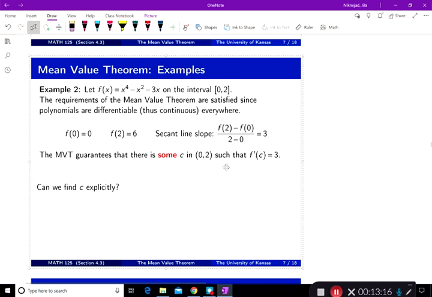Let's take the derivative. The derivative is going to be 4x to the third minus 2x minus 3, and I plug in c and set it equal to 0. And I get a polynomial of degree 3.